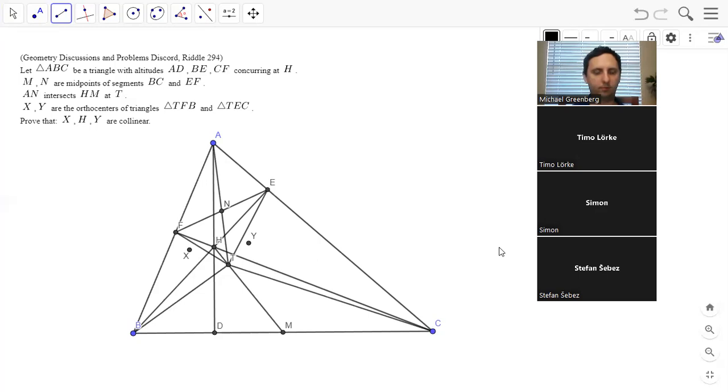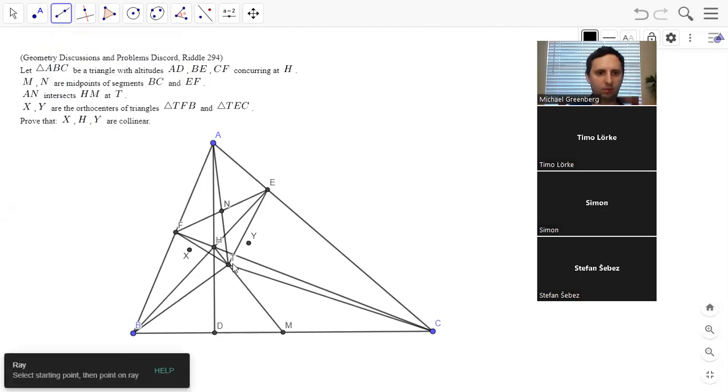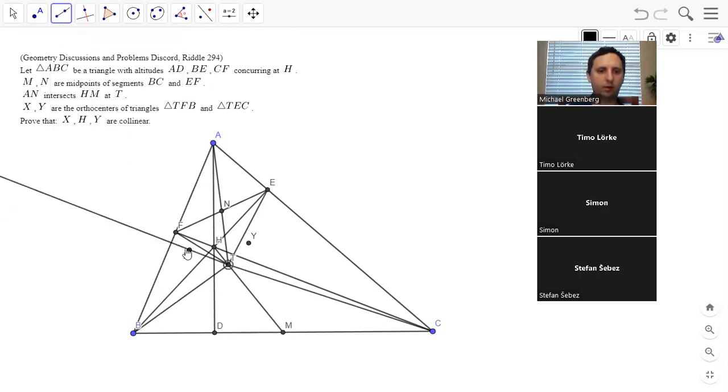One thing I think I proved is that when you intersect TX and TY with AB and AC, you will get a cyclic quadrilateral. Interesting. It's clear, right?